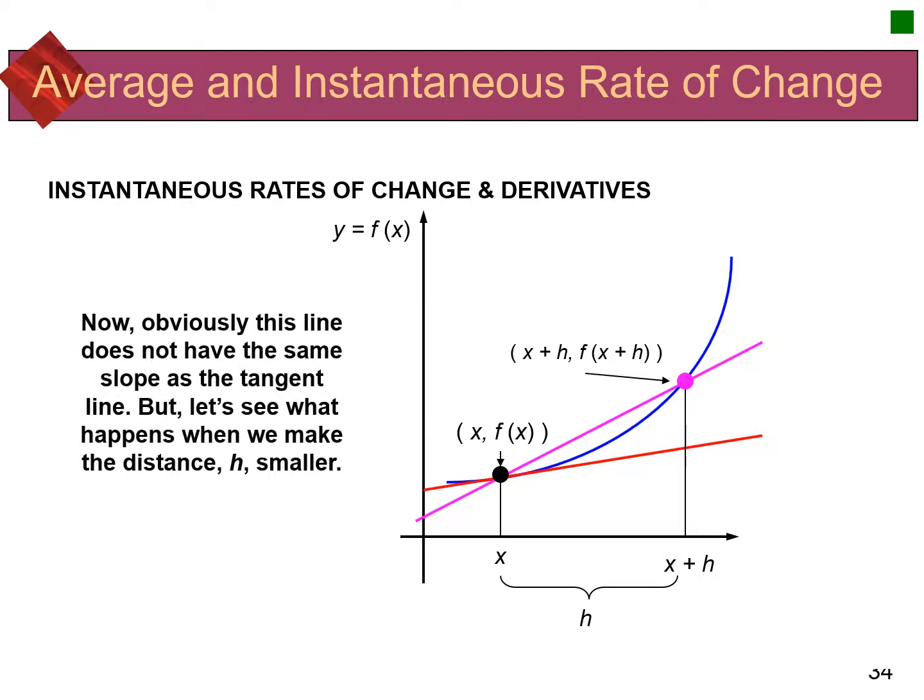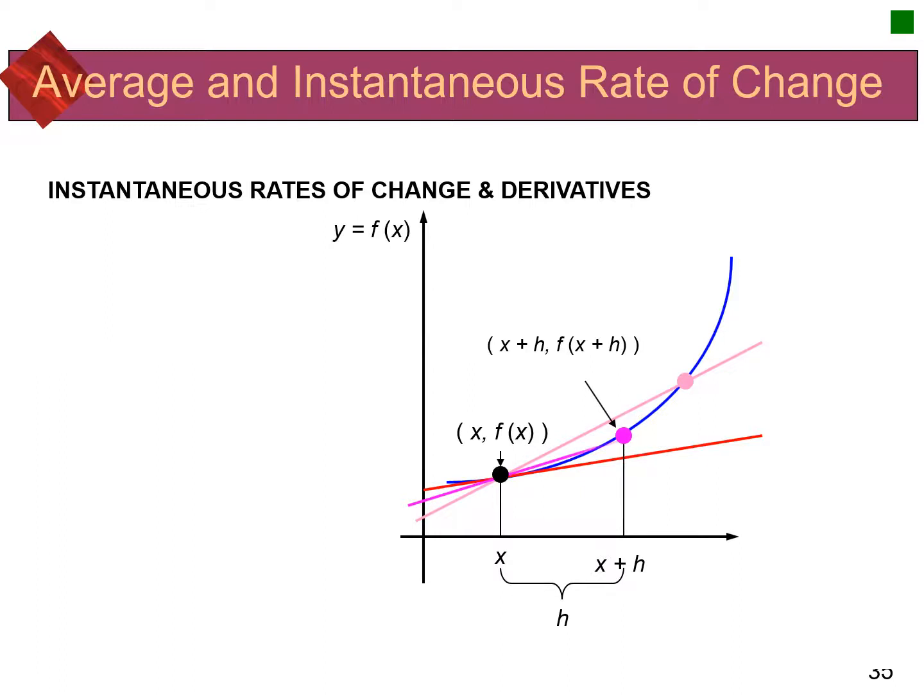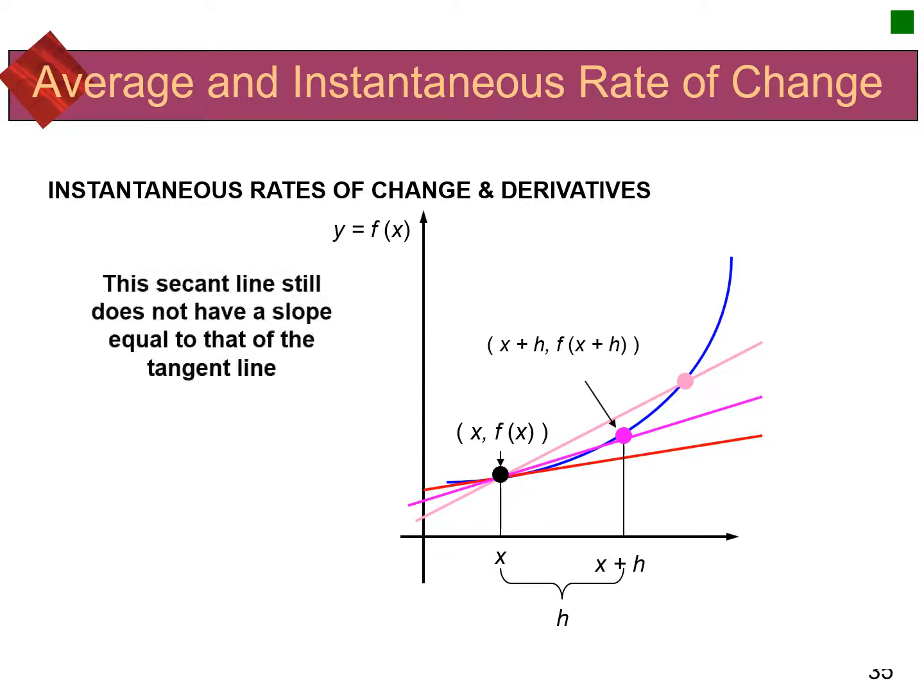What I do now is I say, okay, let's make this distance h a little smaller. Now here's where it is, and if I redraw the line, I can see that the slope still doesn't equal that of the tangent line, but it certainly is a little bit closer than the previous line.